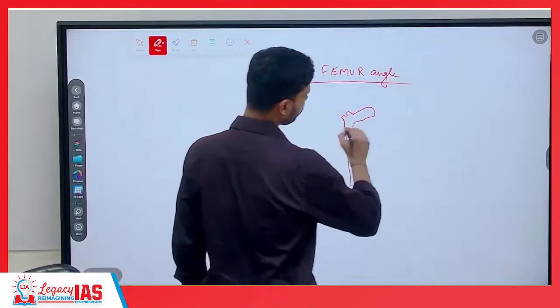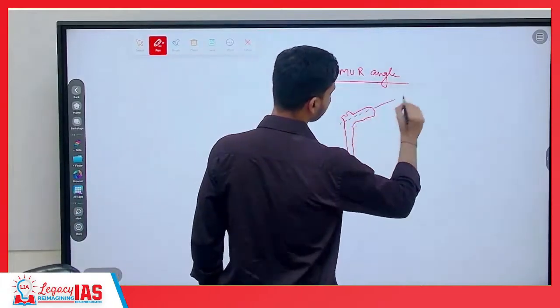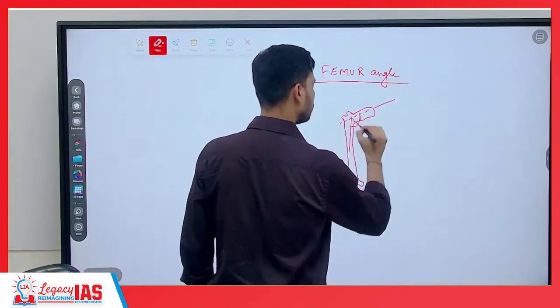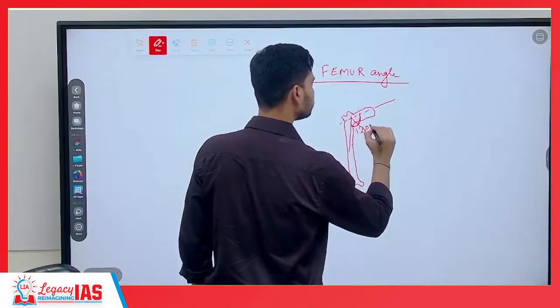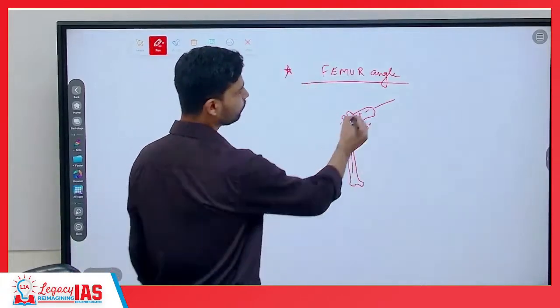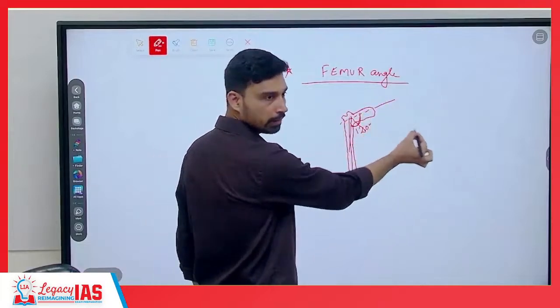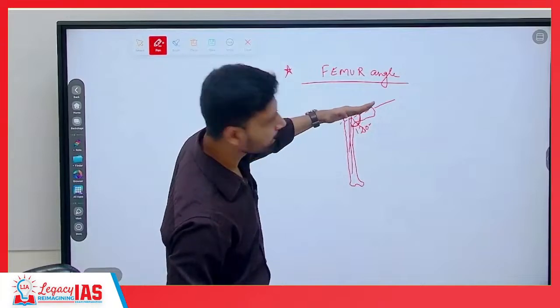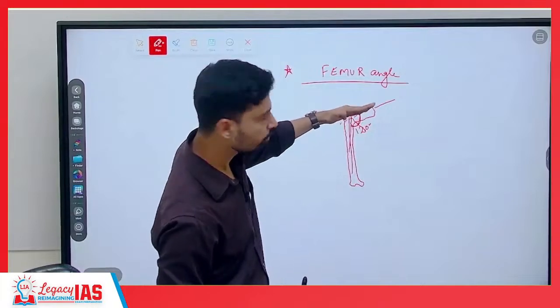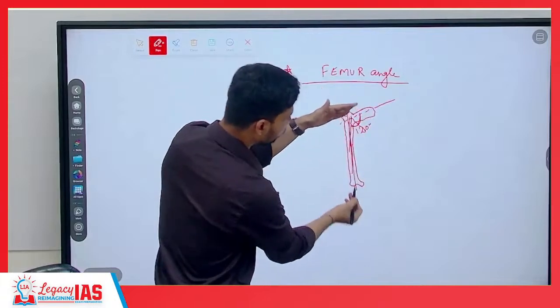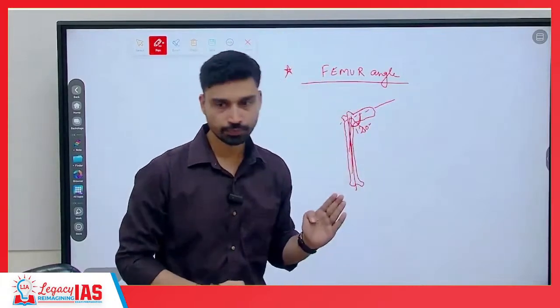Okay, so if we talk about the angle, draw like this. This angle is how much here? 120 degree. This is the femur, the thigh bone. So the thigh bone is attached to the pelvic girdle on this side. The angle of the attachment of the femur with the pelvic girdle is measured from the straight line of the bone itself.